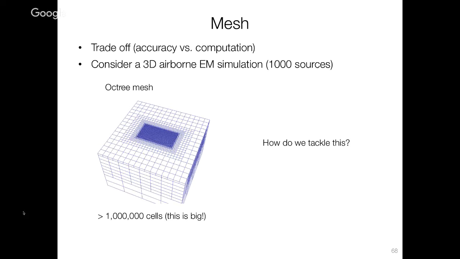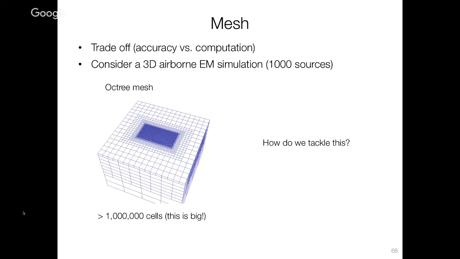Some of the important things, and Lindsay will talk about it within the context of the MT, is your mesh. So whether you've got a 1D, 2D, or 3D problem, you're going to have an appropriate numerical mesh on which to simulate the data.